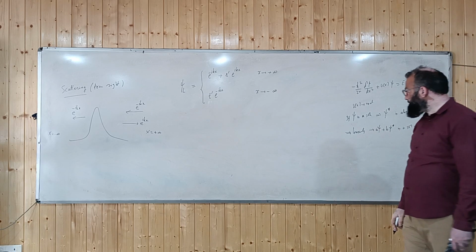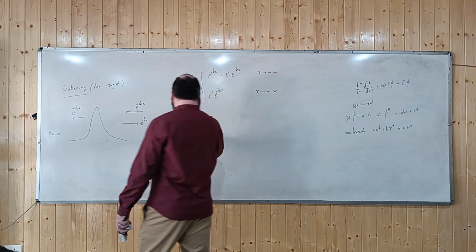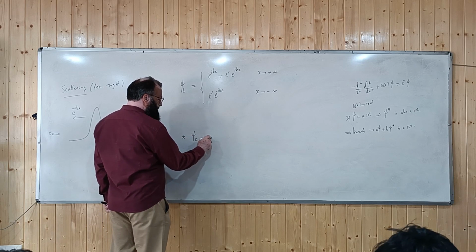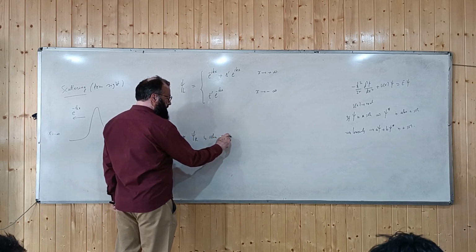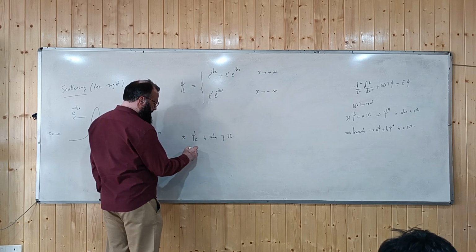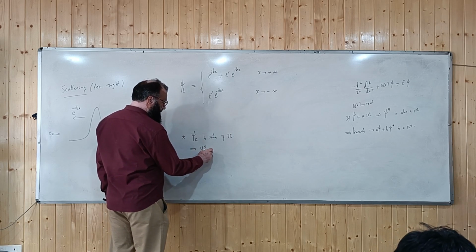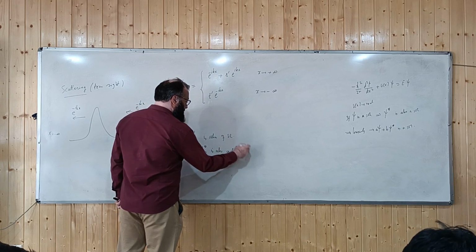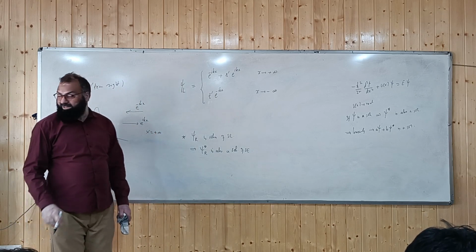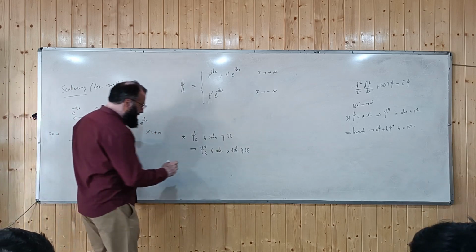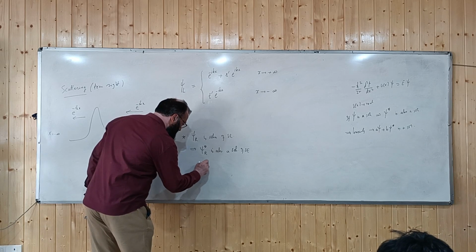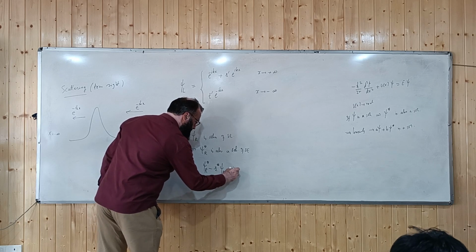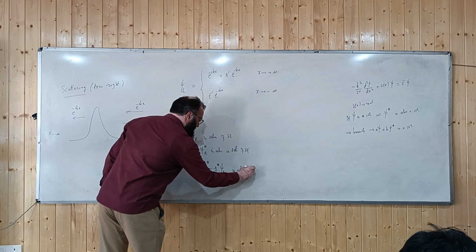Got it? Now let's look at this psi r. I am having this psi r as a solution of the Schrodinger equation. So what does it mean? Psi star r is also a solution. So I can take now the linear combination. Let me take this kind of linear combination: psi star r minus r star psi r is also a solution.